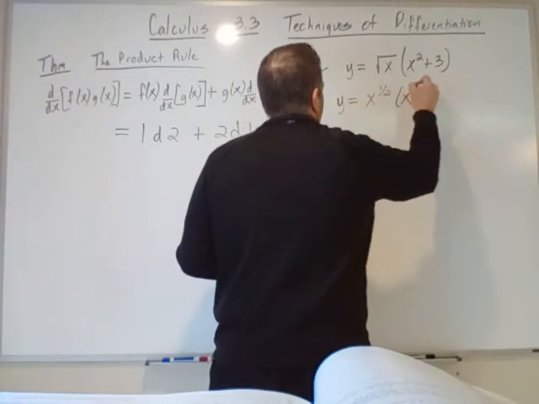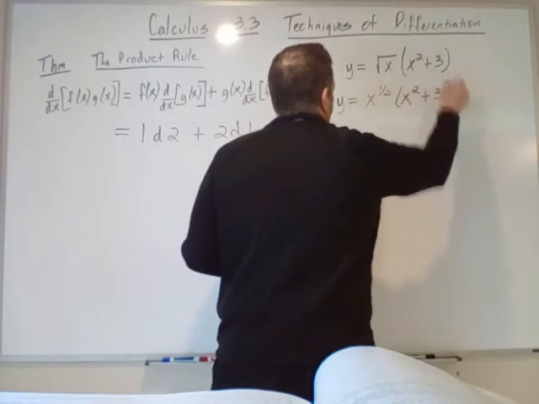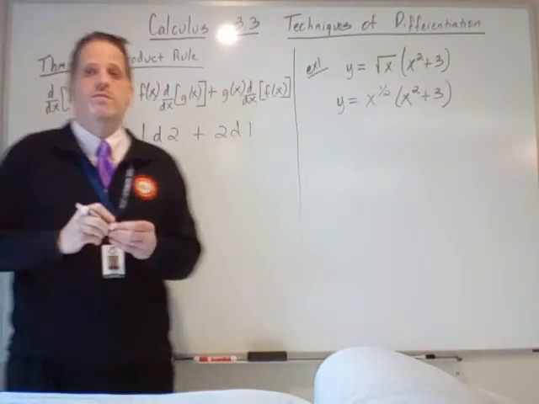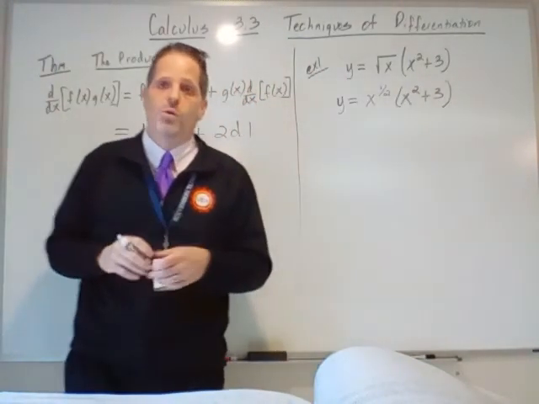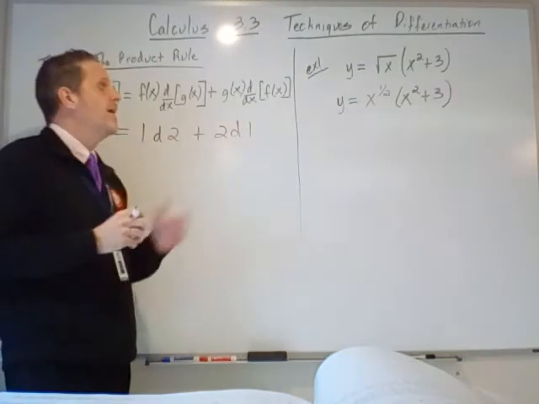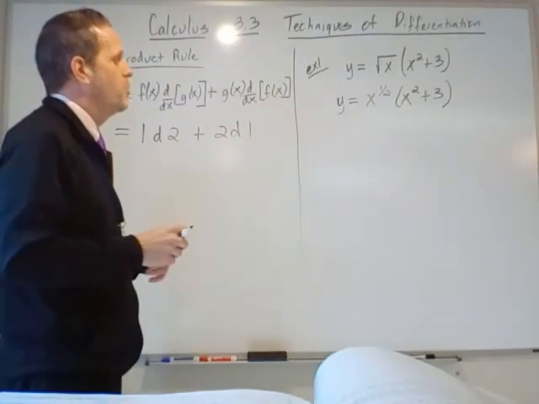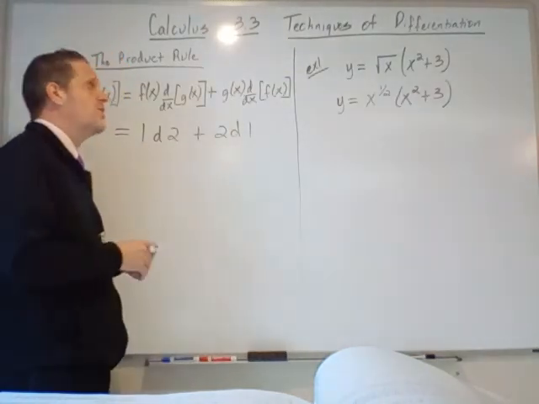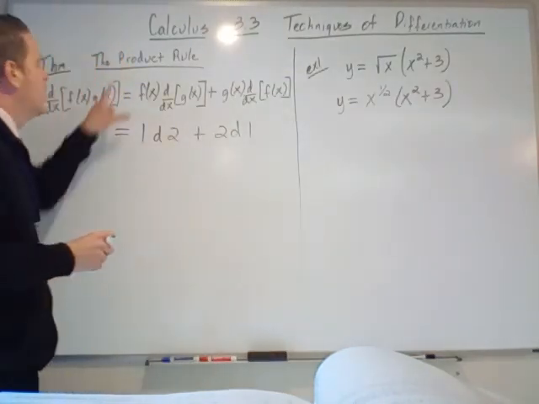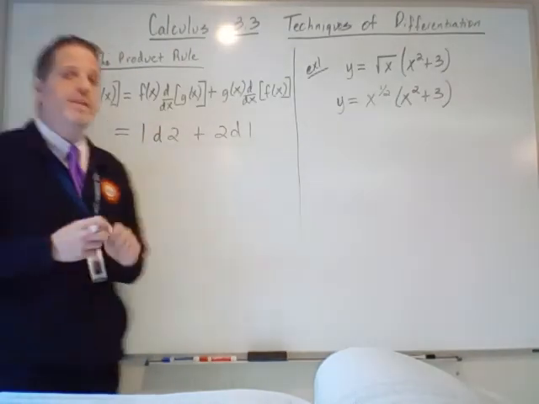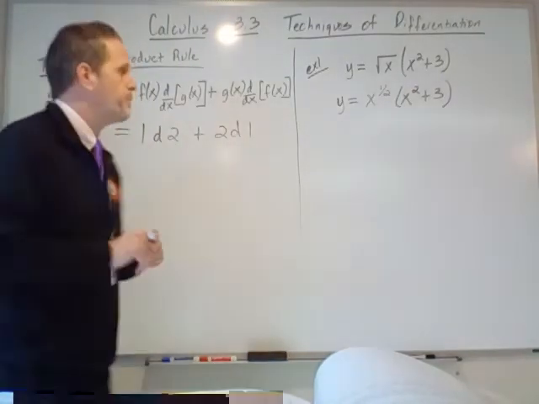I highly recommend writing radicals as powers when you're doing derivatives, so you can use the generalized power rule. So we've got x to the 1/2 power times x squared plus 3, and we're going to take the derivative using the product rule here, the 1d2 plus 2d1.